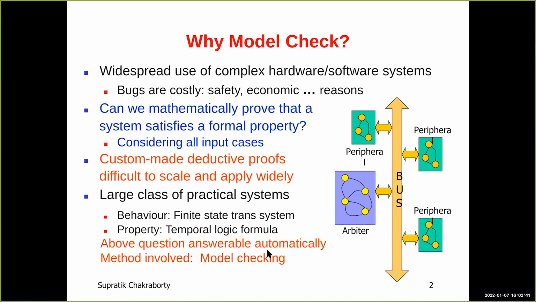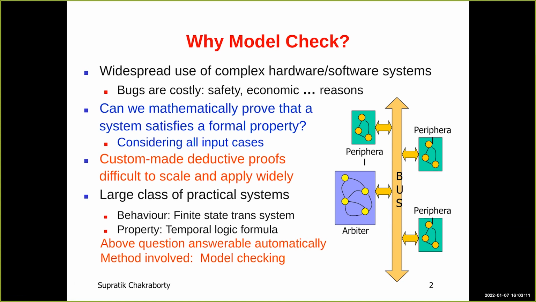Specifically, what we're going to talk about here is a large class of practical hardware systems. For example, a bus controller and then maybe several peripherals on a bus. Systems that can be modeled as finite state transition systems, perhaps very large ones, with a large number of variables. And the property that we would like to express about their sequential behavior is a temporal logic formula.